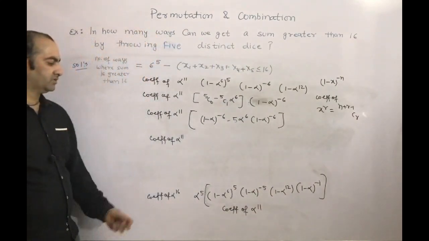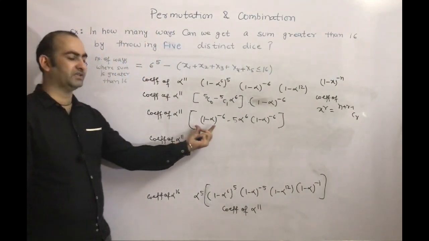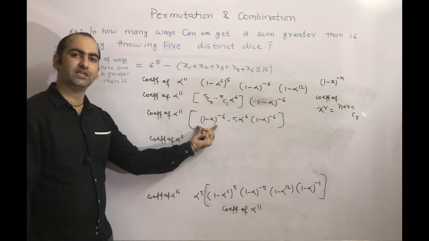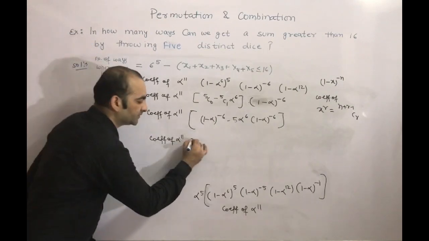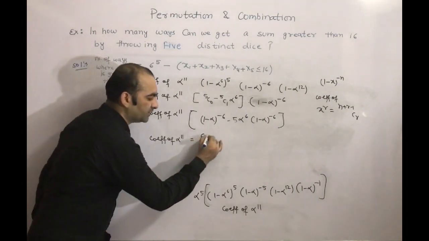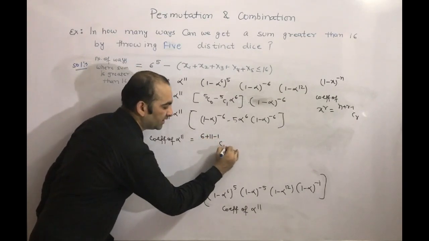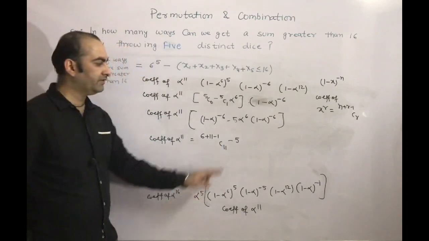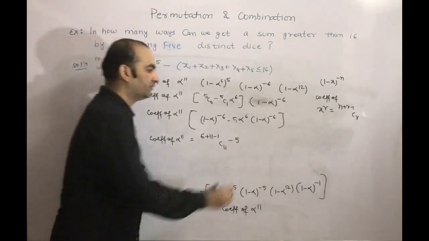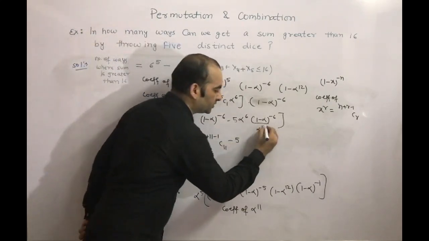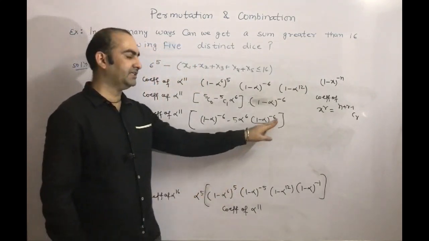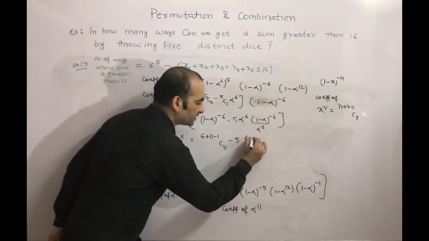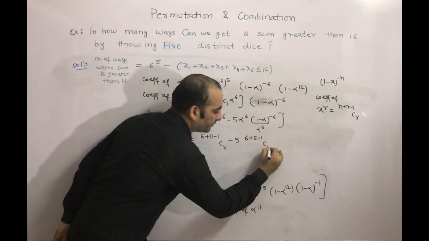So we want the coefficient of alpha power 11 in this equation. Here r is 11, so it equals 6 plus 11 minus 1 c 11 minus 5. Here we have alpha power 6, which means from here we have to find alpha power 5. So r is 5 and n is 6, so 6 plus 5 minus 1 c 5.